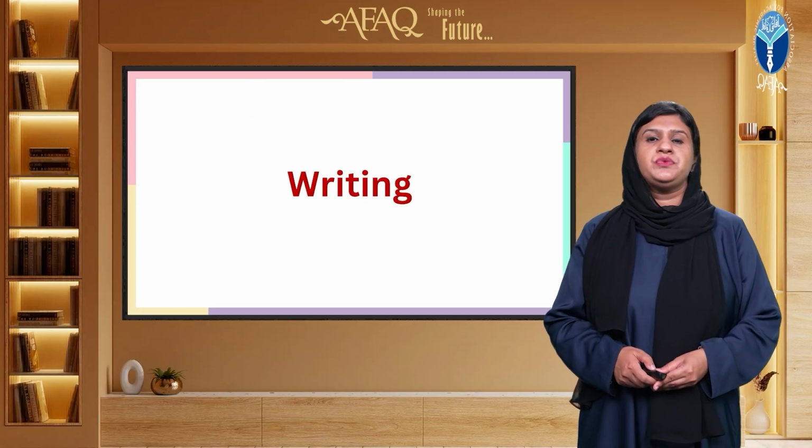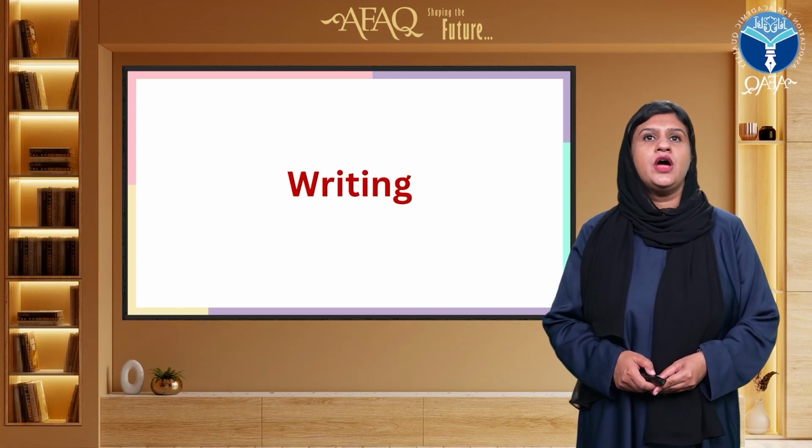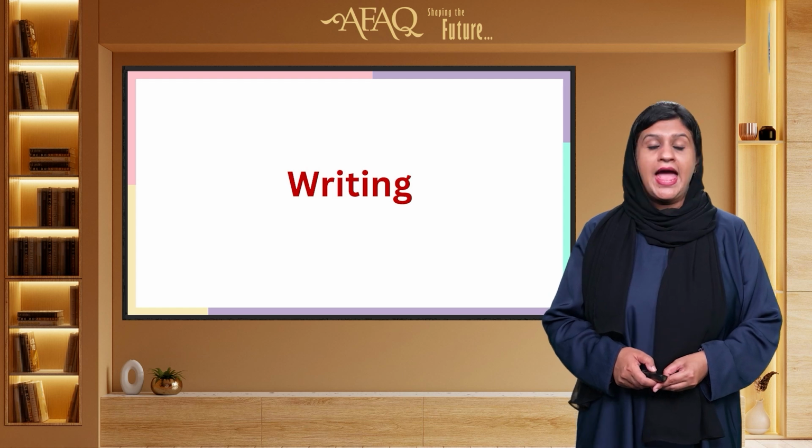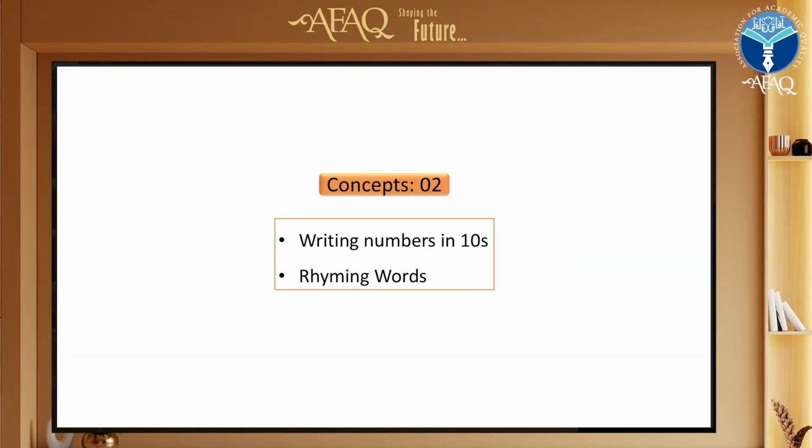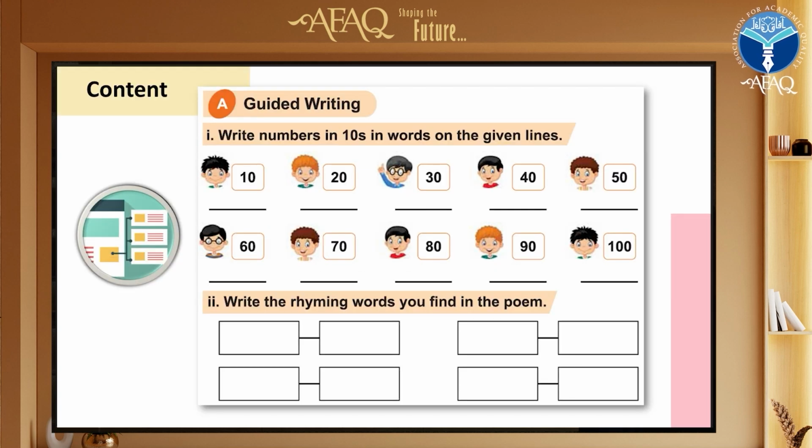Here in writing, we are going to learn writing numbers in tens and rhyming words. Here, my dear kids, in the last unit, we have seen some number names from 1 to 50, right? And I have told you why it is important to learn the number names. Here again, we are going to look at some number names.